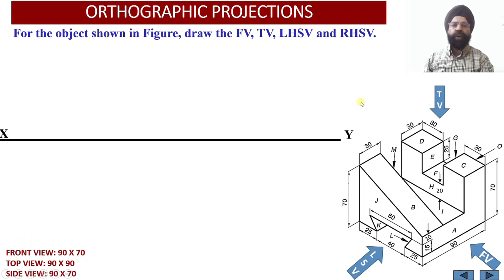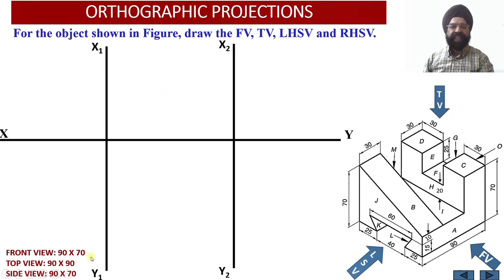In order to draw the orthographic projections, we need to draw the XY reference line and the X1, Y1 and the X2, Y2 reference lines. The reason is that here we are going to draw the front view of the solid, and here we will be drawing the top view of the solid. Since we are required to draw the left hand side view and the right hand side view, the left hand side view of the solid will be drawn on the right hand side of the front view, while the right hand side view projections of the solid will be drawn on the left hand side of this particular front view.